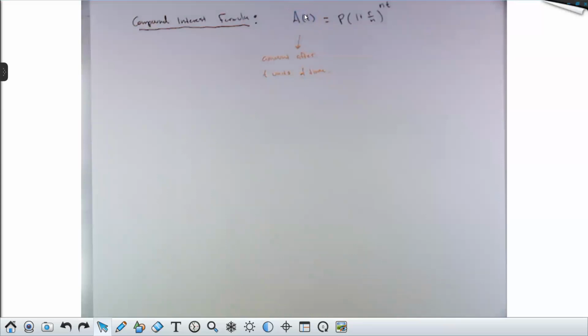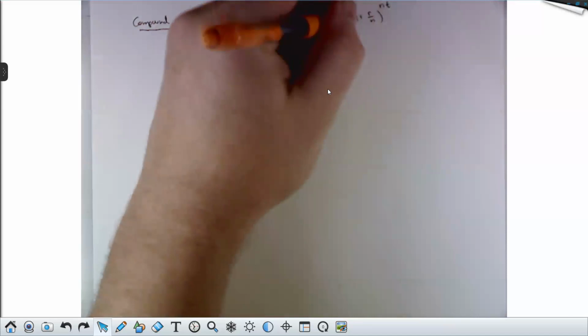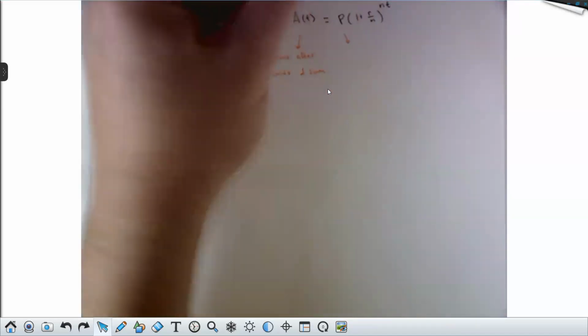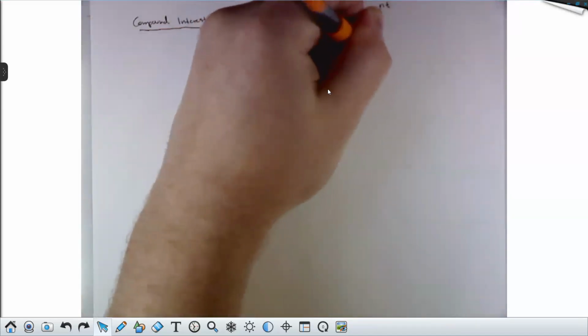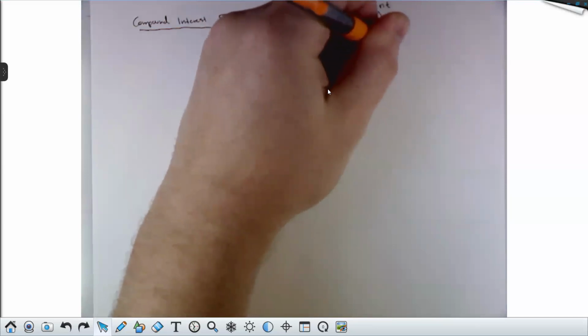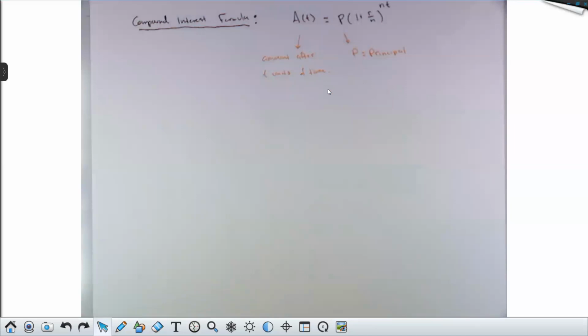If I borrow some amount of dollars and then t years later, I want to know how much I owe, I would plug in whatever for t. And this would be the amount that I owe. P here is called the principal. That's the original amount of money you borrowed or the original amount of money in your account. It's what you start with.